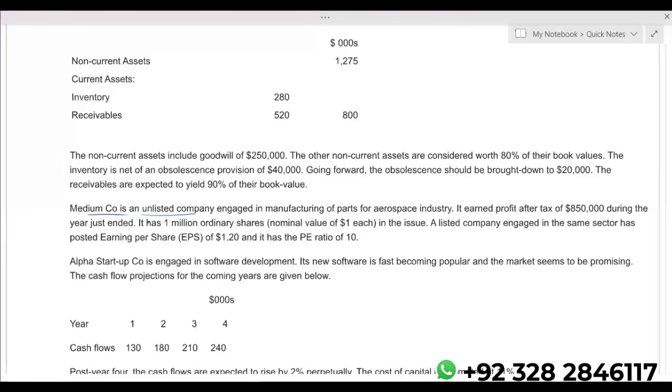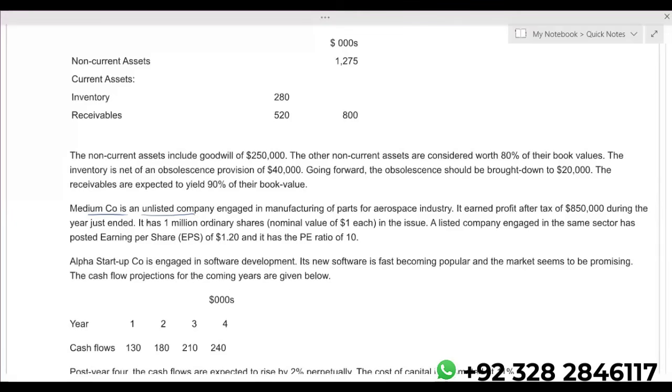But in a multiple choice question, do I need to adjust the P/E ratio of a listed company to use for a private company? Yes or no, it will be mentioned in the question. If nothing is mentioned, whatever P/E ratio examiner has given you for the listed companies, you will have to use it as it is. Don't be smart in a small question, okay?